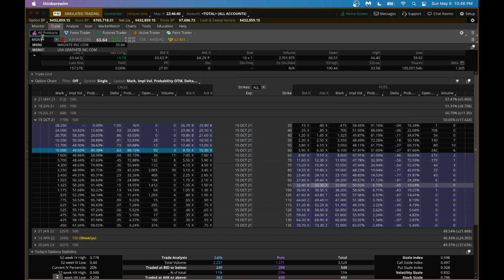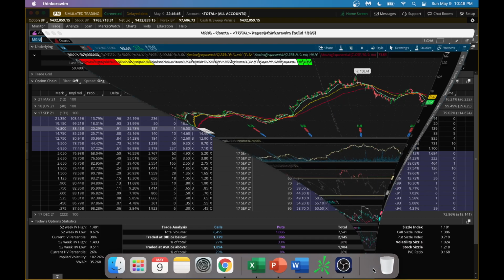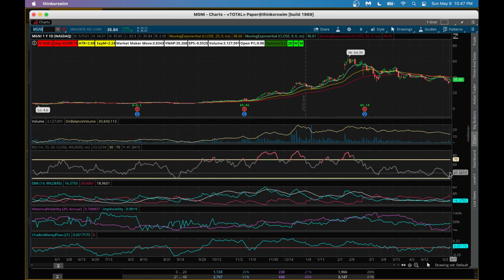So with that, MGNI, Magnite, Inc. If I go to the chart here, as you can see, I think they're trying to make their way higher. They got one green candle here. And as you can see, on-balance volume is pretty stable, trying to tick up a little bit, which is a good sign. RSI is trying to go up a little bit, also good.